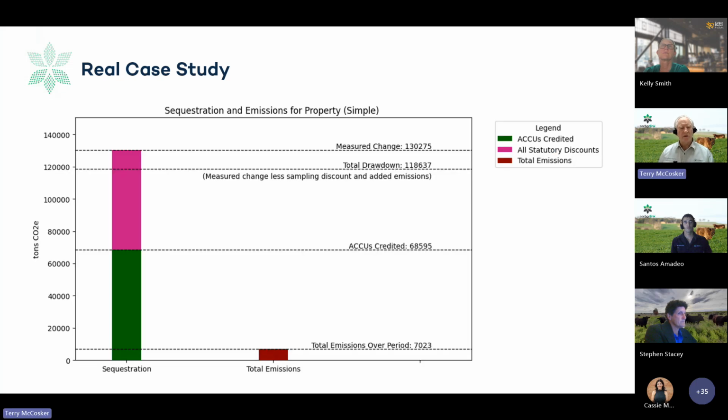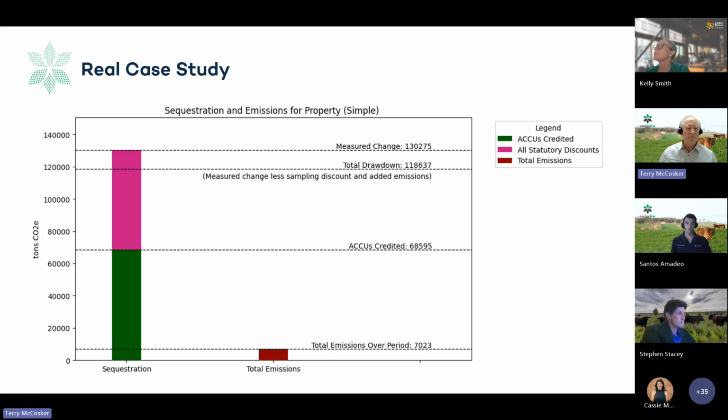So if we look at the sequestration in this particular case study, and this is a different one to the one we showed a couple of weeks ago, but it shows exactly the same trends. So the measured carbon change here in CO2 equivalents was 130,000 tonnes of CO2 change was measured.